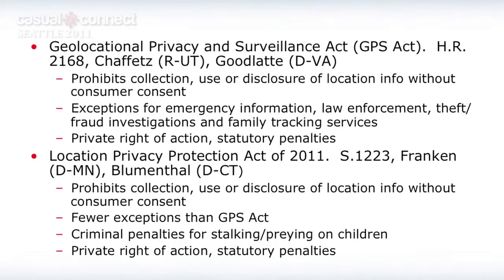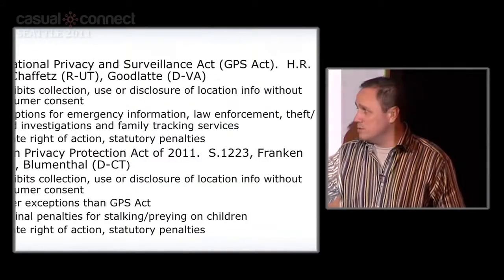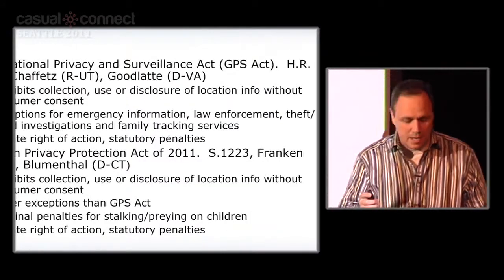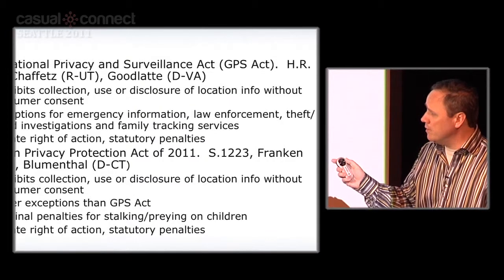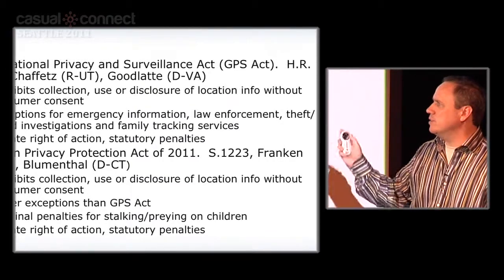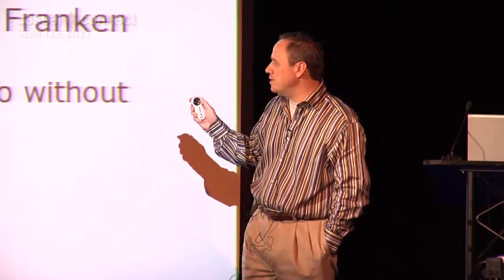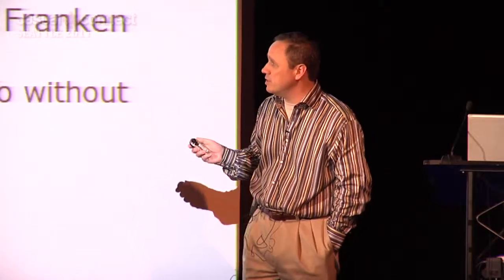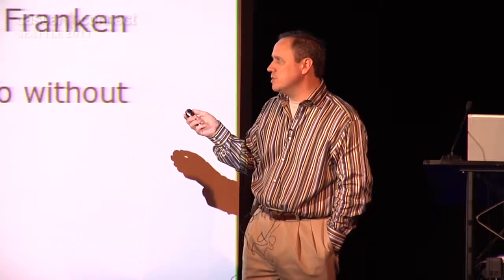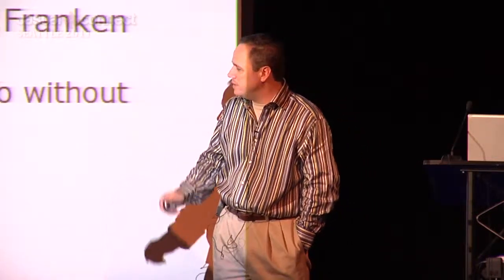Congress has a couple of different bills, very similar in these two bills, and this is not uncommon. What happens is you'll get a number of these things, and they sort of coalesce around certain ideas. Again, here it's customer consent on the collection, use, or disclosure of location information. There are some exceptions, emergency, but not as many in some of these.